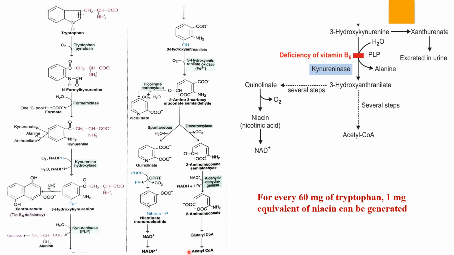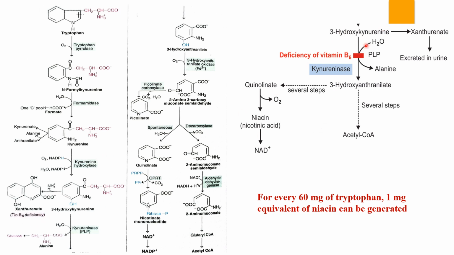So it is apparent from the catabolic pathway of tryptophan that it is both glucogenic as well as ketogenic. So this is the clearer summary of tryptophan metabolism right from 3-hydroxykynurenine.